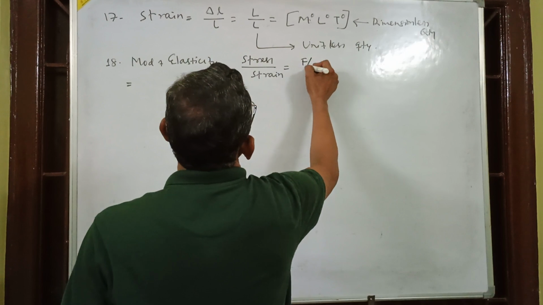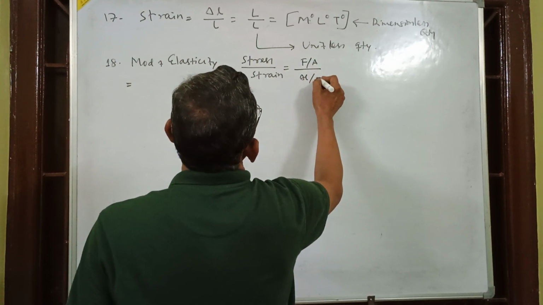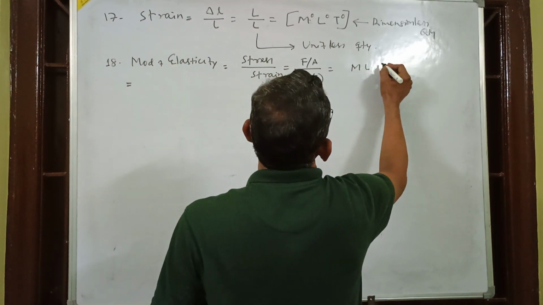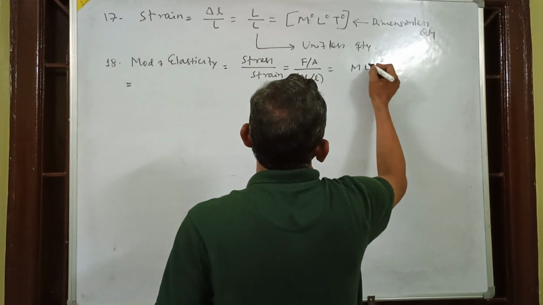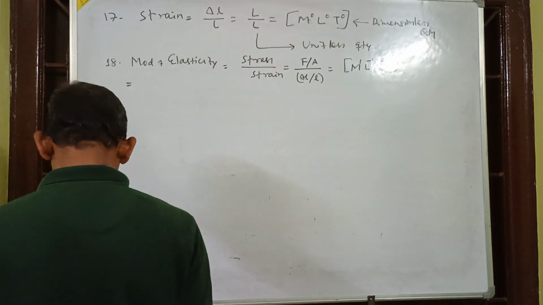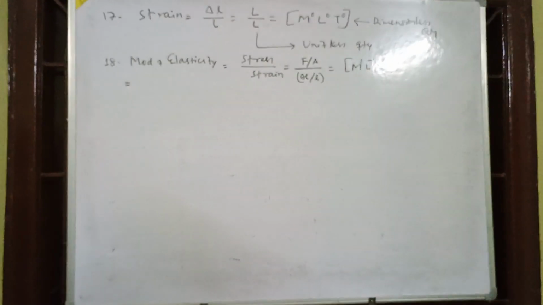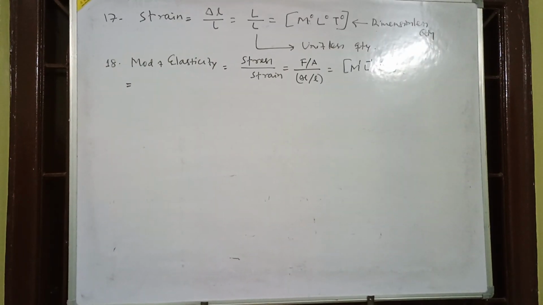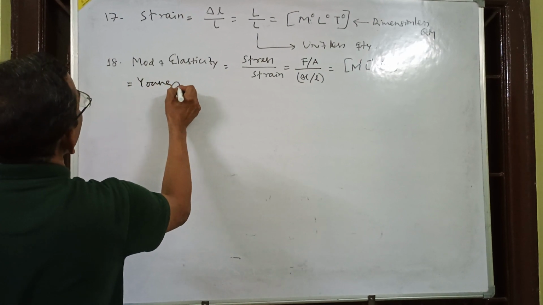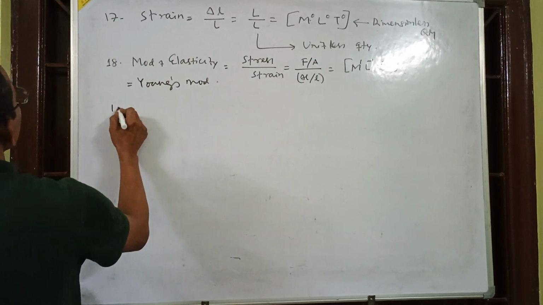That is force upon area, M L T^-2 by area L^2, which gives M L^-1 T^-2. This is the modulus of elasticity or Young's modulus.